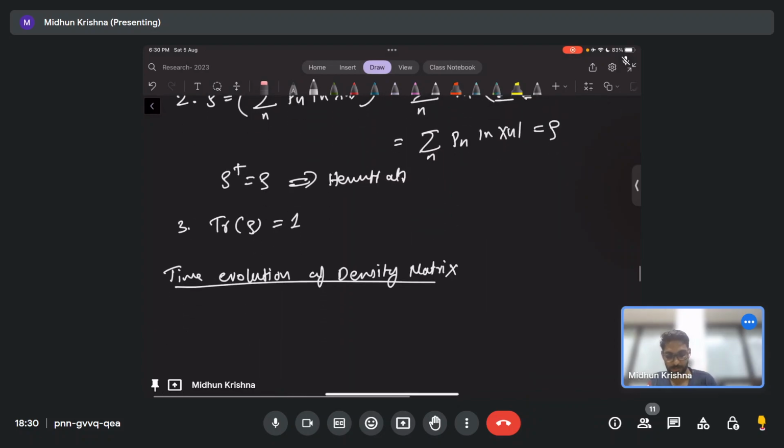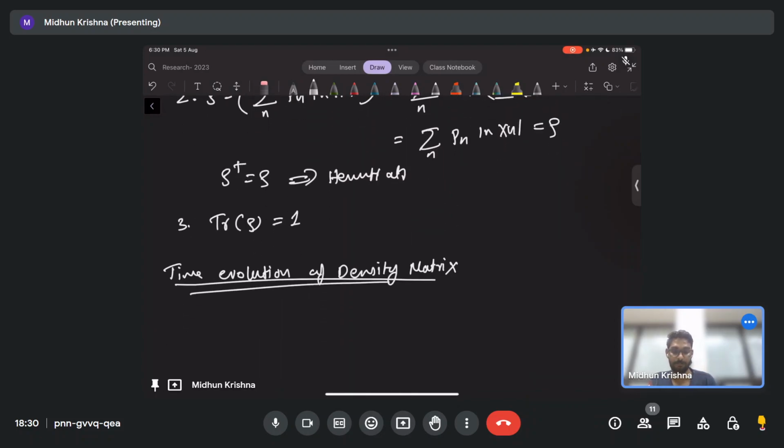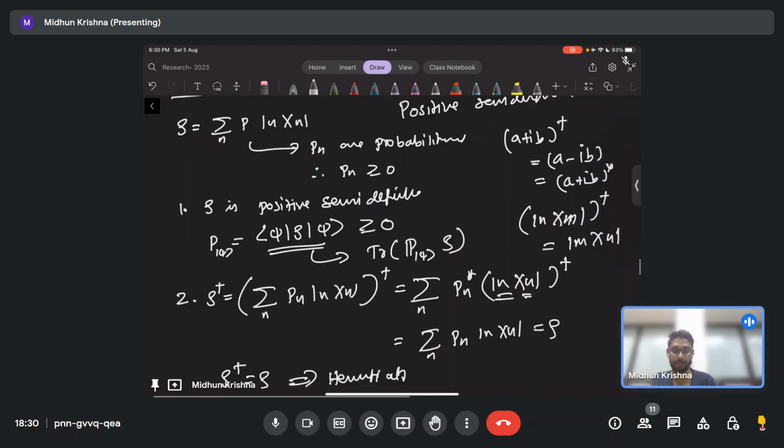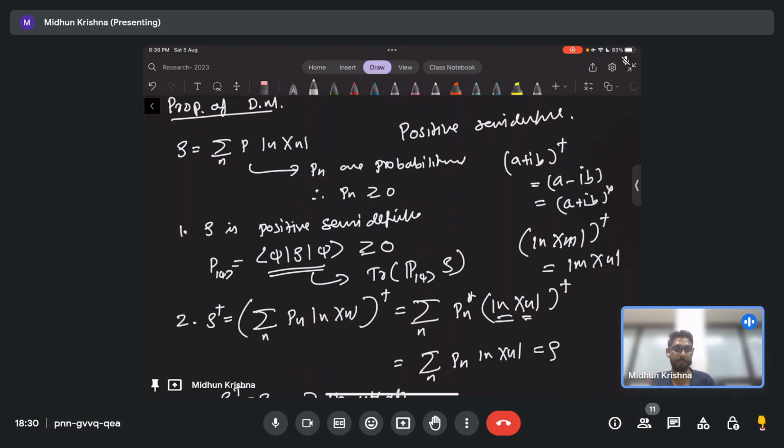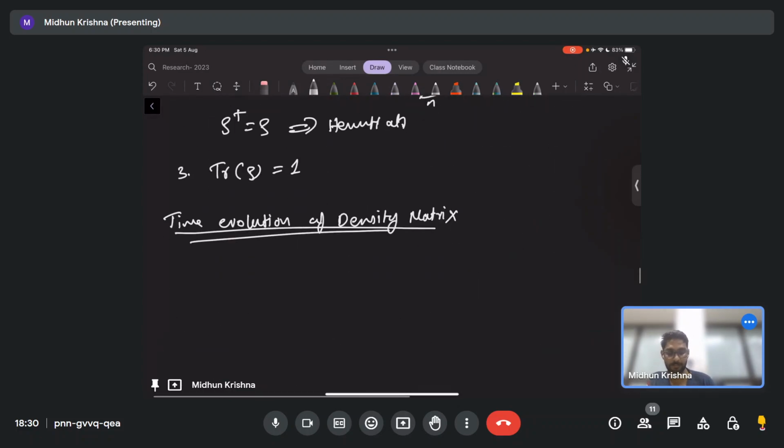The last thing I want to do today is this: let's say we decide to describe the time evolution of our quantum system using the density matrix. Now, how do you describe time evolution of this state? We know if you have a physical system, it can evolve in time. So how do we do that? If I have a pure state, how do you describe time evolution?